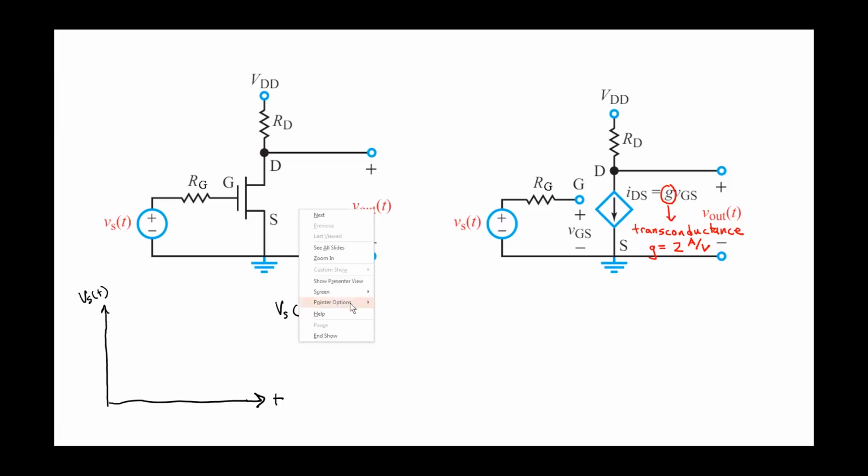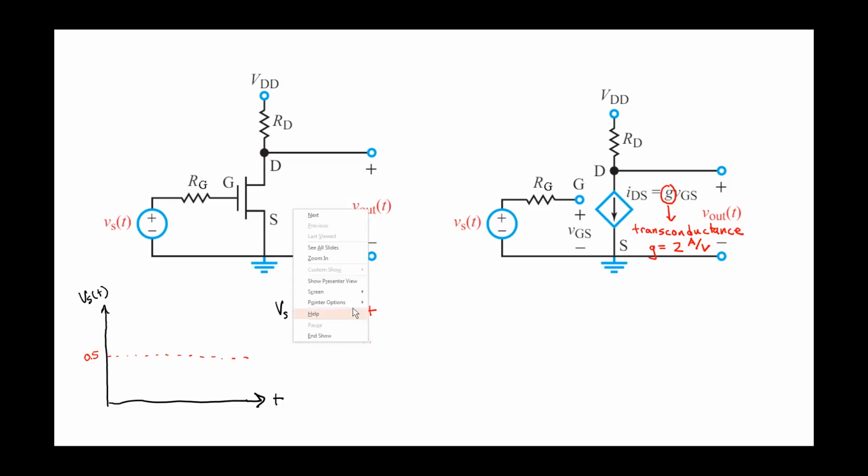Vs of t, I'm going to change my color for this, is equal to 0.5 plus something else. Now let's look at what 0.5 actually looks like. So I'll draw a dotted line here at 0.5. That's what a DC voltage of 0.5 volts looks like. Looks like our input has this DC 0.5 volts as part of it.